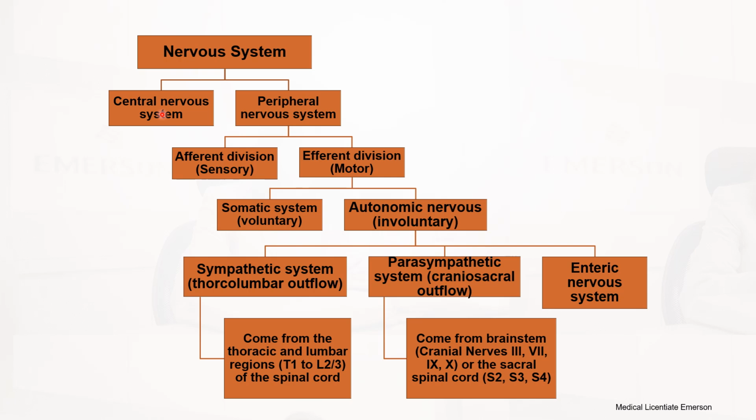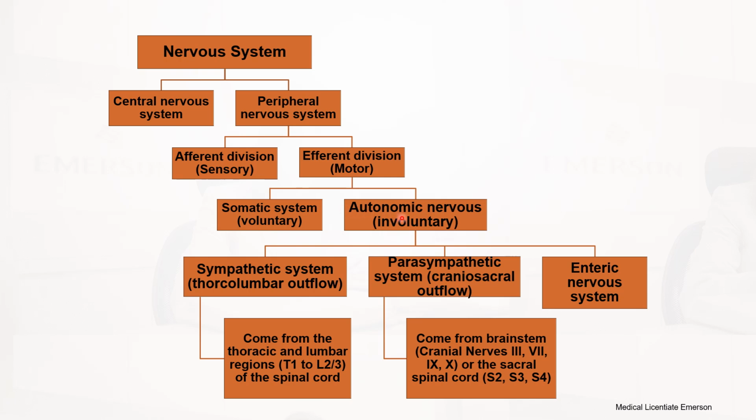Then again, let's do our recap first. So the nervous system, we're learning about the nervous systems. We did the central nervous system. We also did the peripheral nervous system, where we talk about the motor, the spinal and the cranial nerves. We're talking about the motor and the different divisions. Then today we are just going to concentrate more on one of the motor divisions, the autonomic nervous system.